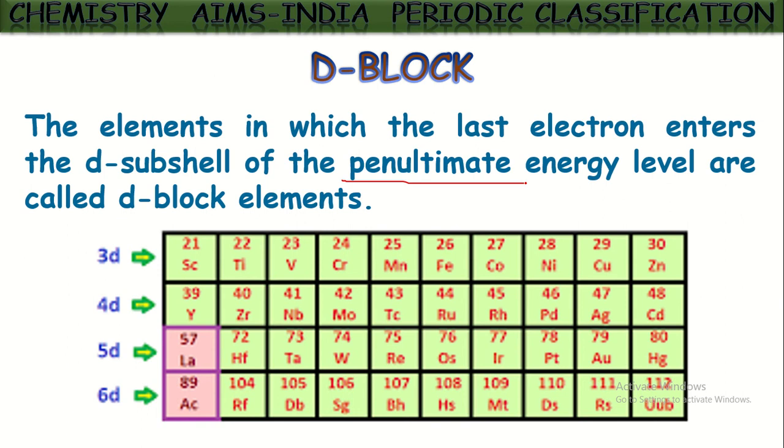The 10 columns, that is third B, fourth B, fifth B, sixth B, seventh B, eighth B, first B, and second B, these 10 columns are called D block elements. For these elements, the differentiating electron enters into d subshell of penultimate shell. What does penultimate shell mean? The last but one shell.